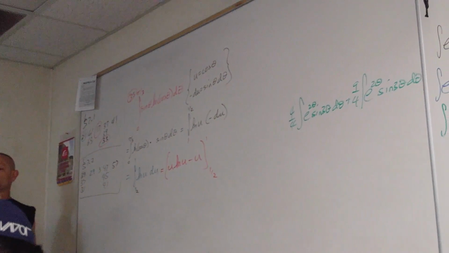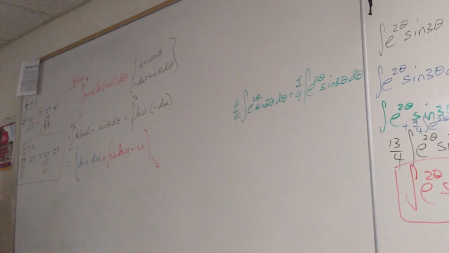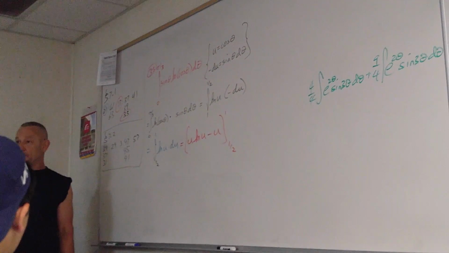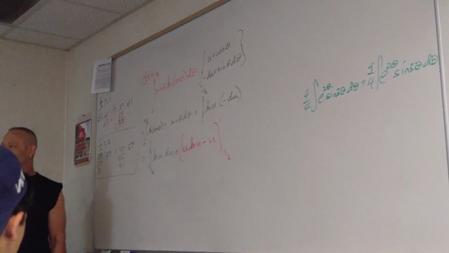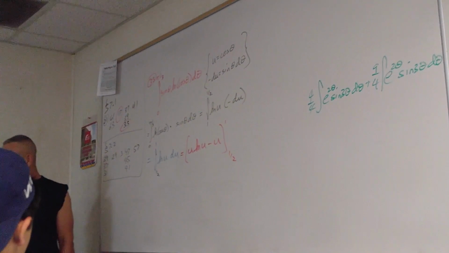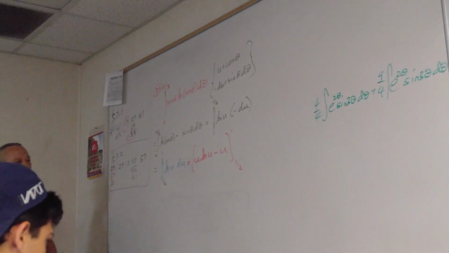This is a previously solved problem. It'd be like if I asked you to integrate the tangent. What are you going to do? Are you going to really integrate it, or are you going to have memorized what we did before? Everybody know what the integral of the tangent is? ln absolute value secant x plus an arbitrary constant.